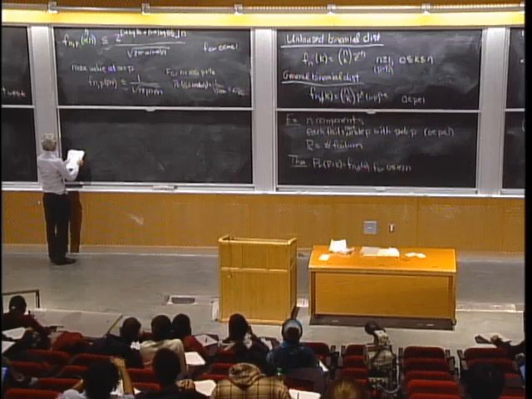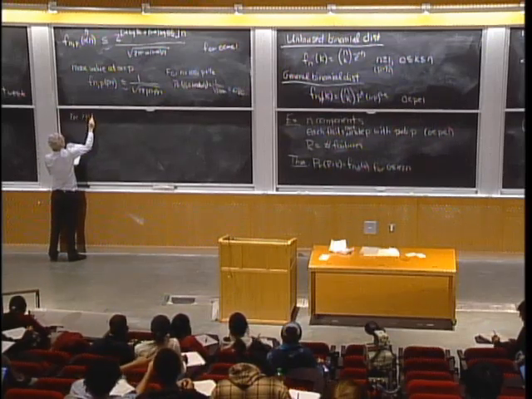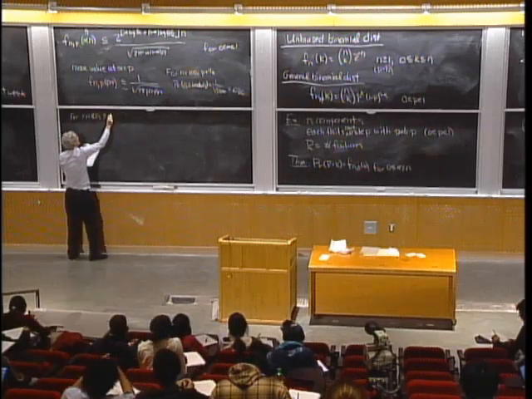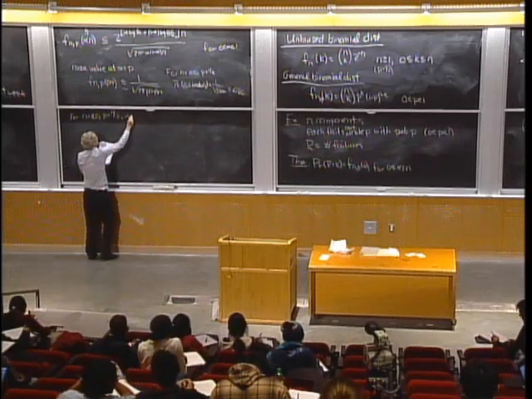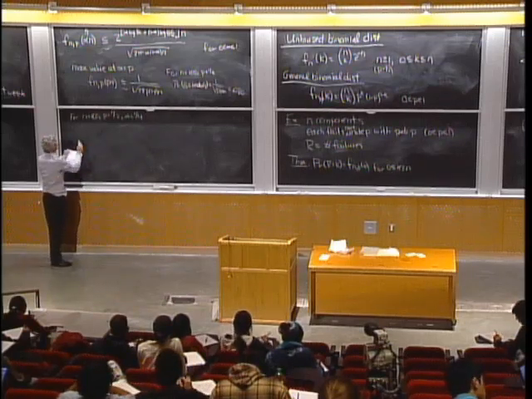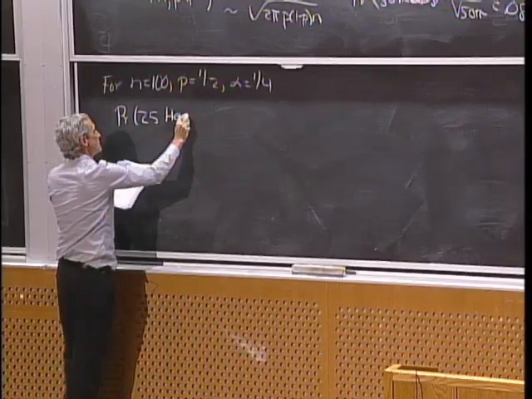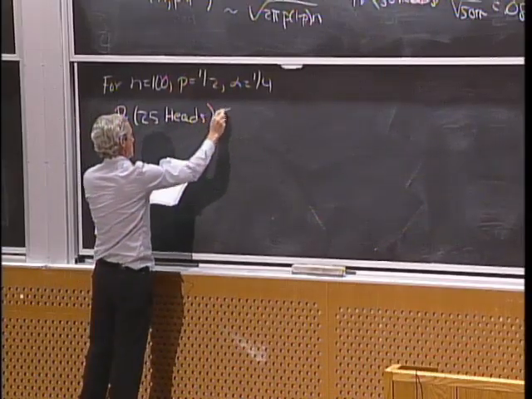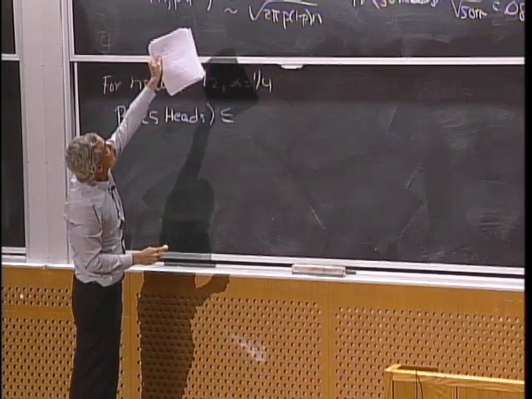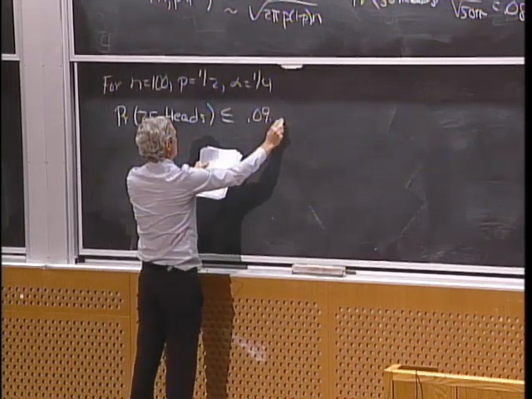Okay, so for n equal 100 and p equal a half, and alpha equal a quarter, because we want 25 heads. I'll get exactly 25 heads first. Probability of 25 heads is at most, well, that square root thing comes out to about 0.09.